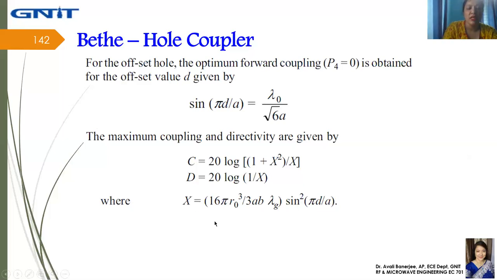So this is the coupling and directivity of the Bethe hole coupler. Now, for non-zero finite wall thickness, the coupling decreases and will be 1 to 2 dB less compared to the zero thickness.